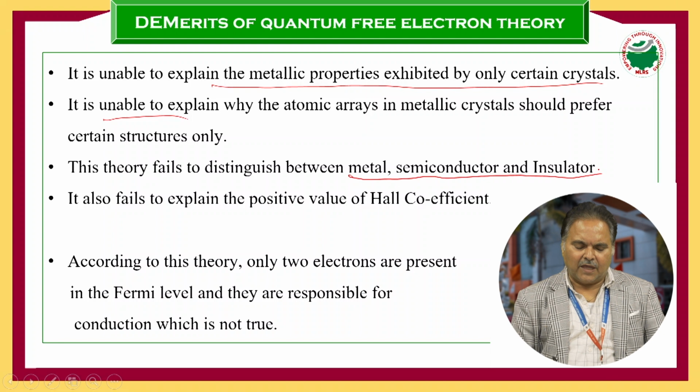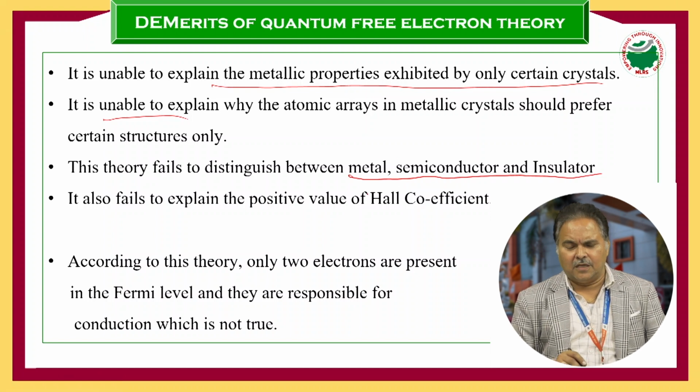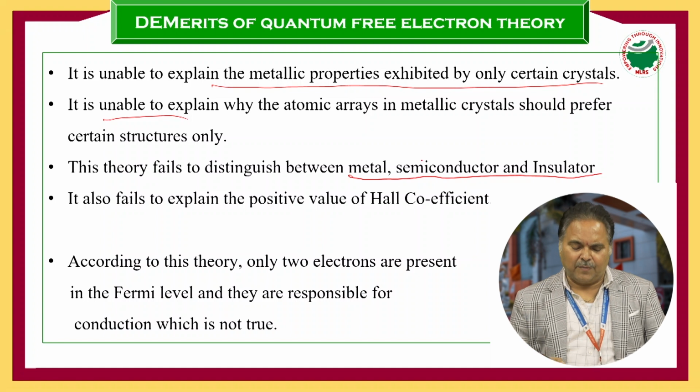We cannot distinguish these three materials, how a metal behaves, what a semiconductor is, what an insulator is. Classical and quantum free electron theory are mostly for metals, so some other theory is required to explain different types of materials.